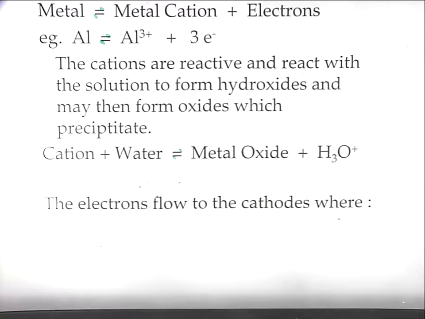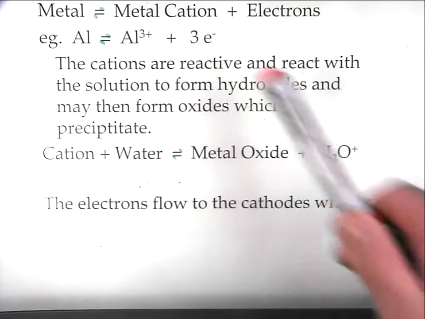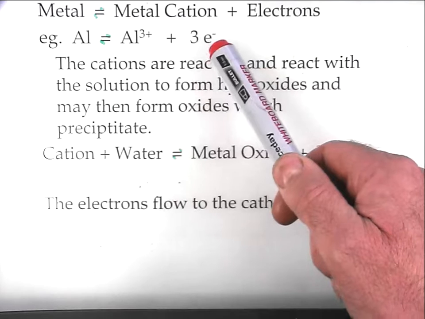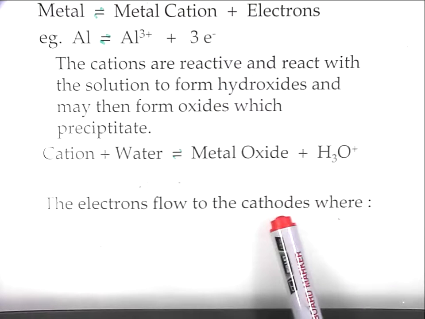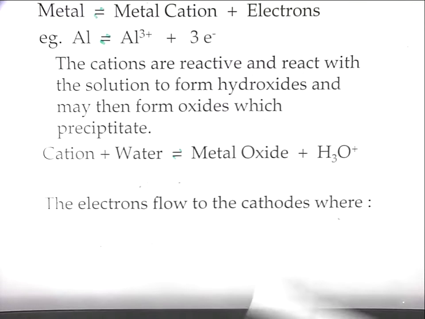So we may have multiple little anodes and cathodes around the surface of the material, depending on reactivity of the surface in contact with the solution. But the electrons that are generated in the first process are going to go around and be consumed at the cathode in one of the two possible reduction processes, the oxygen or the hydrogen.